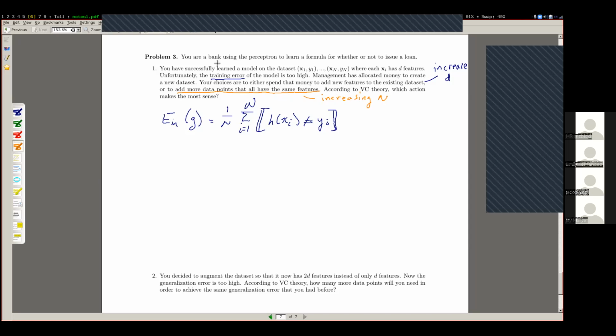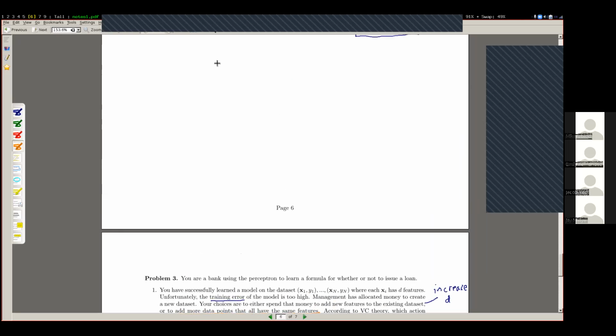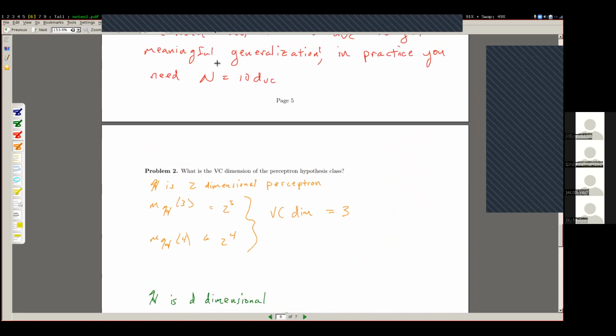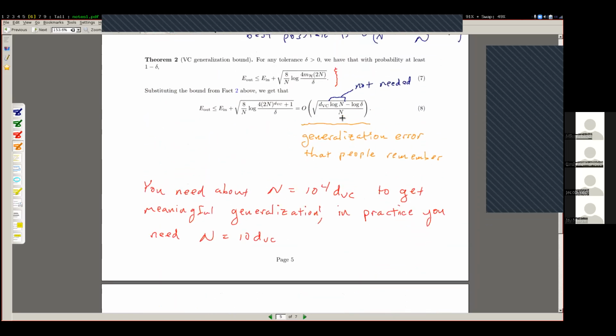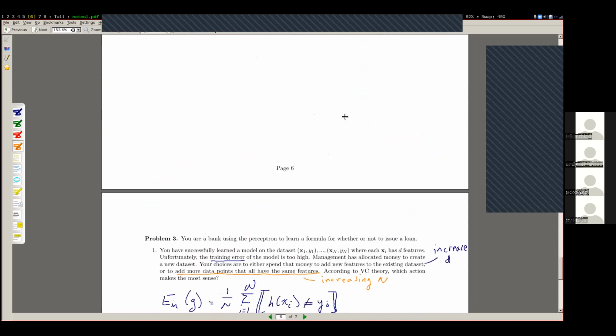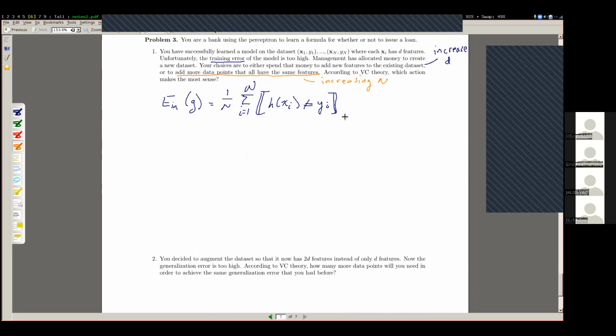What our theorem up above states, this VC dimension theorem with this big O, is a bound on the generalization error: if we increase N, that implies the generalization error, E in minus E out, will go down. So that's one of our options, increasing N.